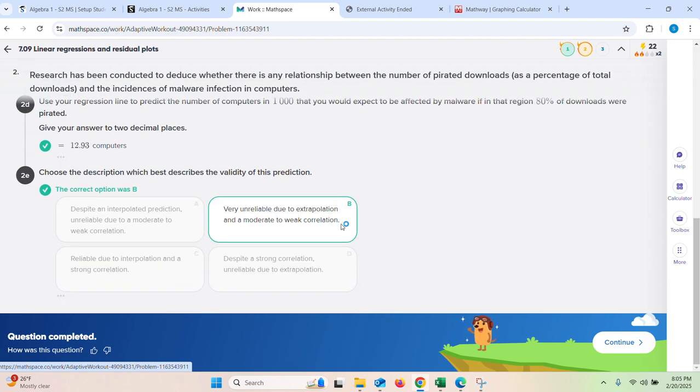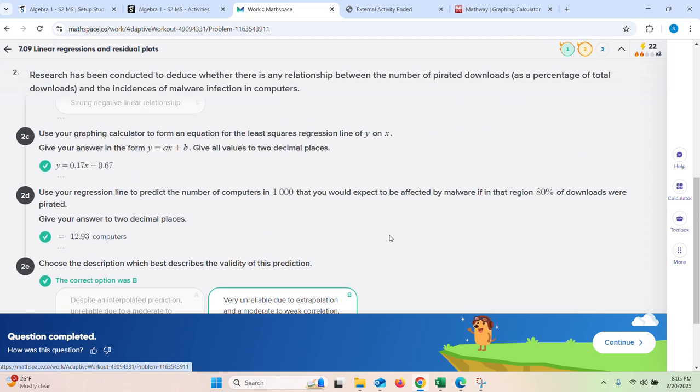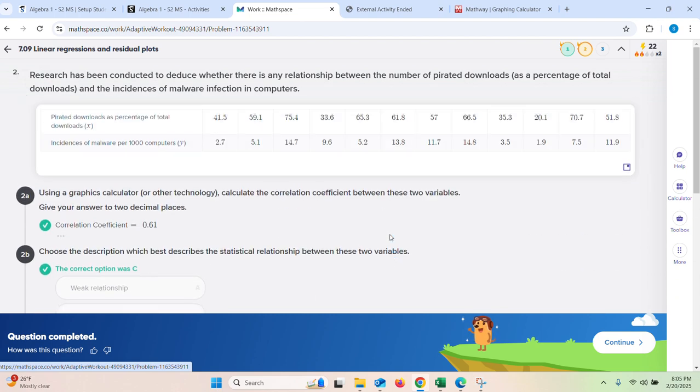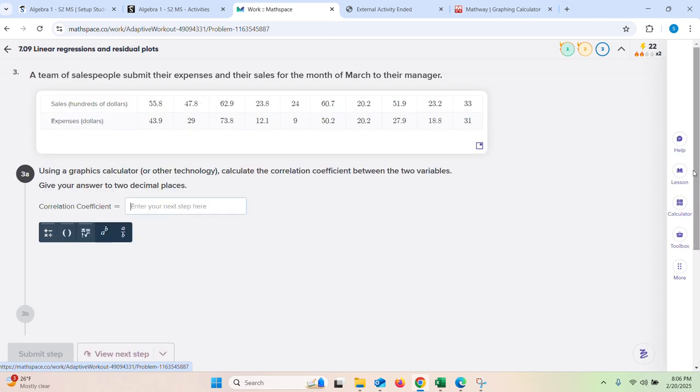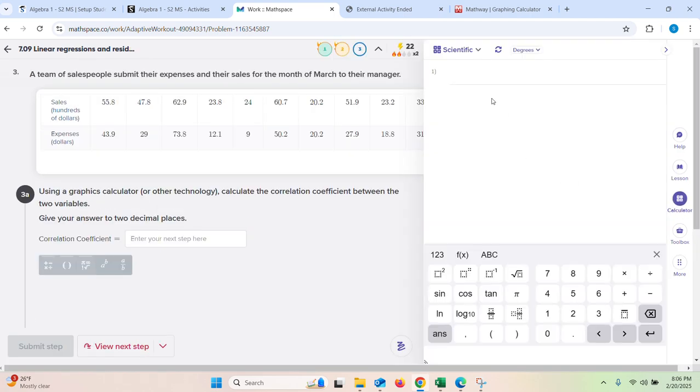I'm going to end the video now because I know it's long, but you can at least go back and watch it over and over again to figure out how to do this. So remember, the key is to go to the calculator and click on statistics.